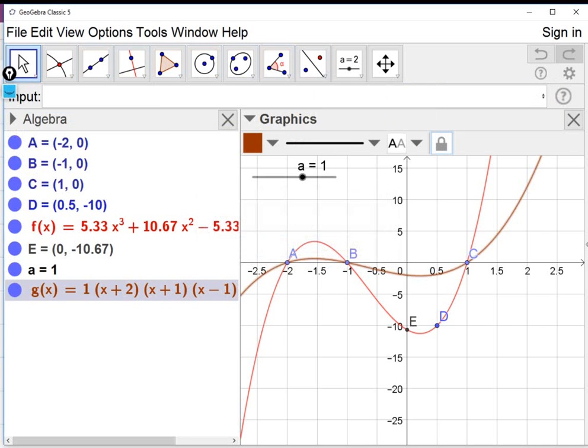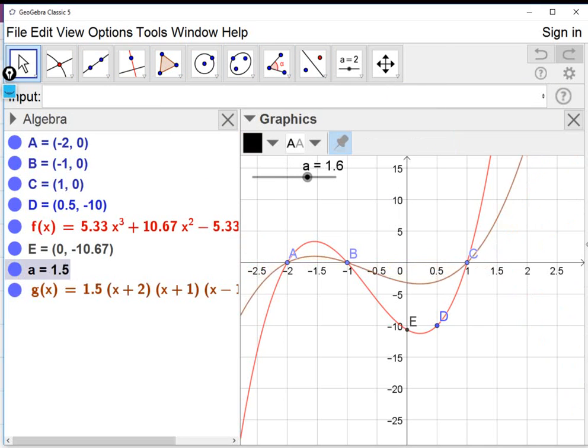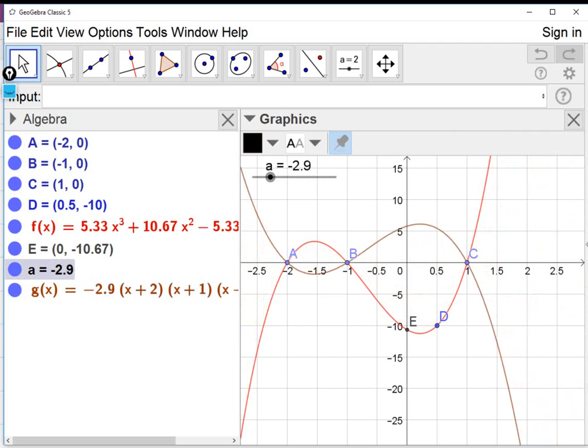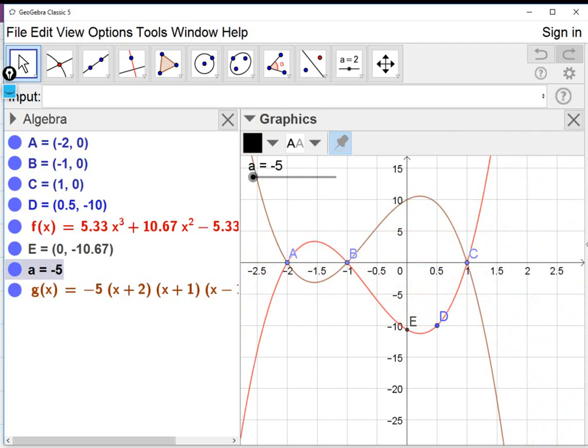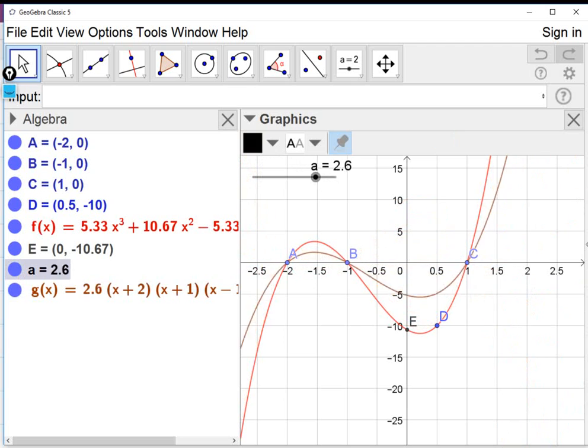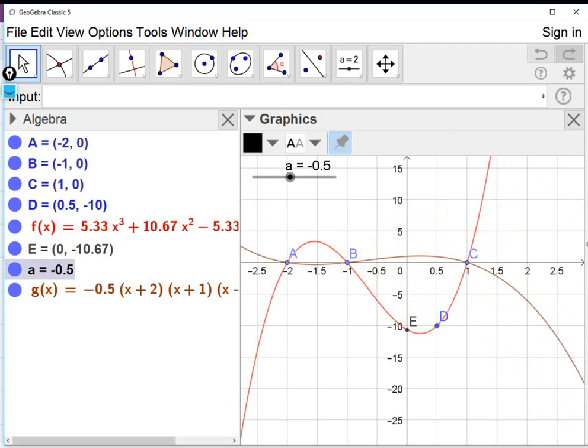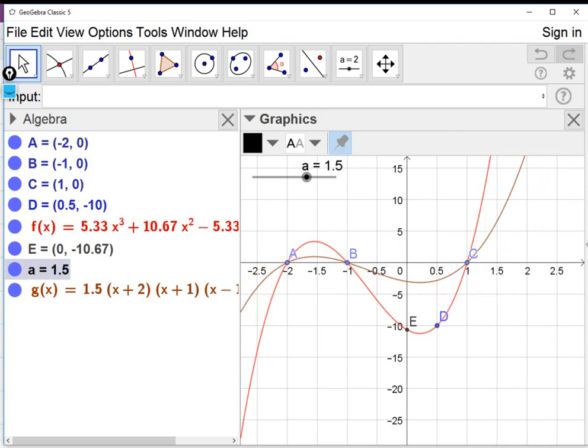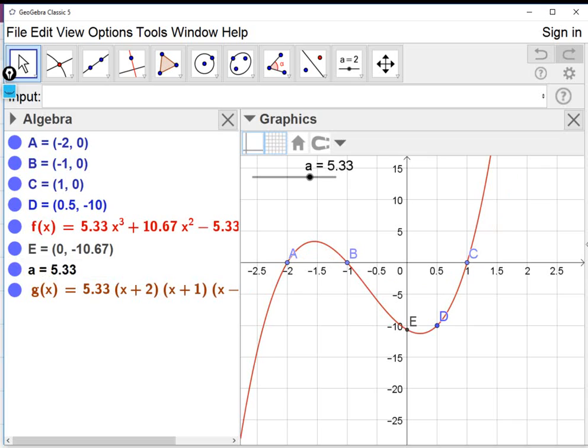All of these different polynomials pass through, and there's a lot more. My slider stops at -5 to +5, but all of those pass through a, b, and c, right? But they all have different a coefficients. When a is 16/3, it is the one and only one that passes through a, b, c, and d.